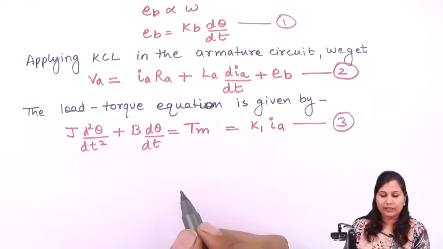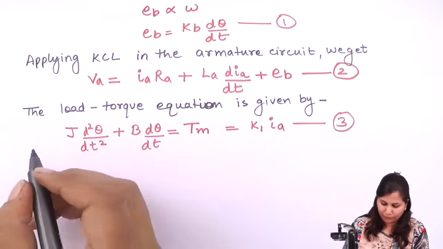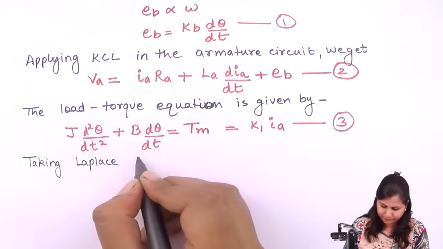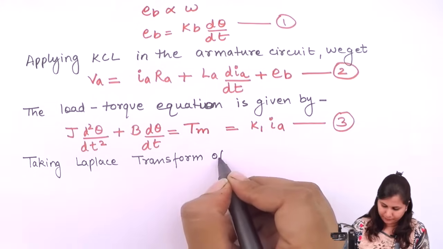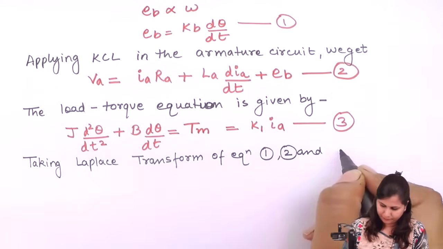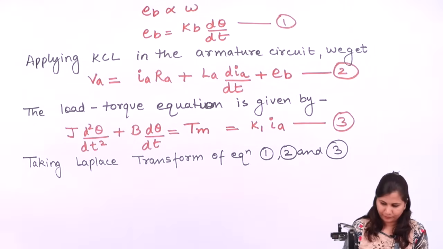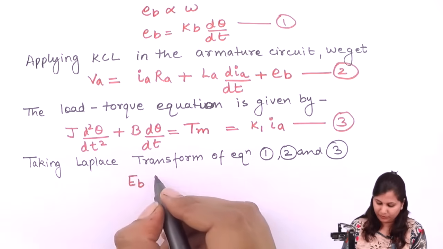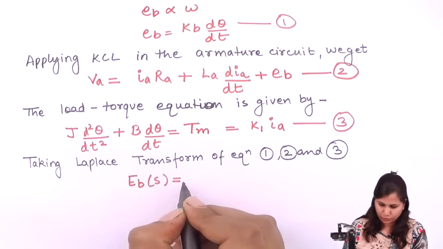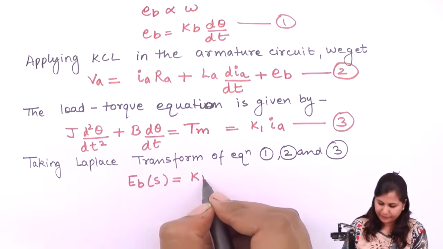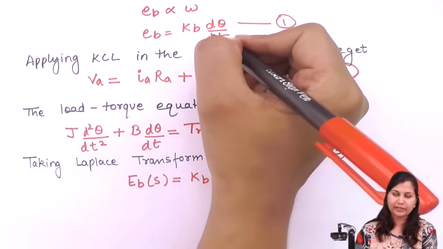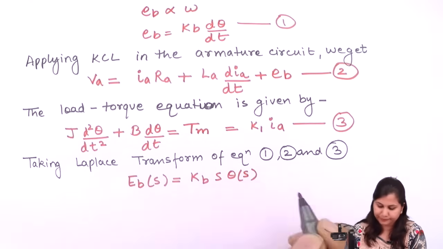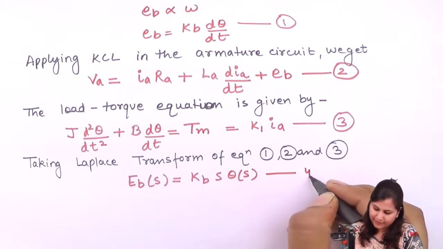Now we have these three equations. Now taking the Laplace transform of the equations, from the first equation we will have the Laplace transform of EB, EBS equals KB, which is a constant so it will be written as it is, and the Laplace transform of d theta by dt is S theta S. Okay, number this equation as fourth.